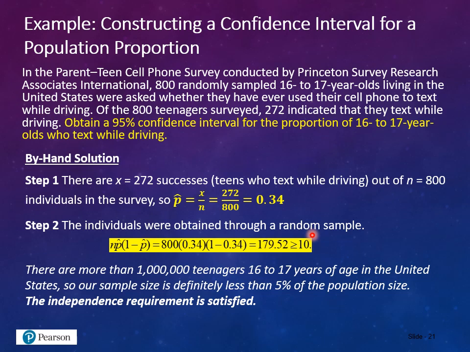So our sample size is definitely less than 5% of the population. Because our calculation here is greater than 10, and because our sample size is less than 5% of the population, our independence requirement is satisfied.